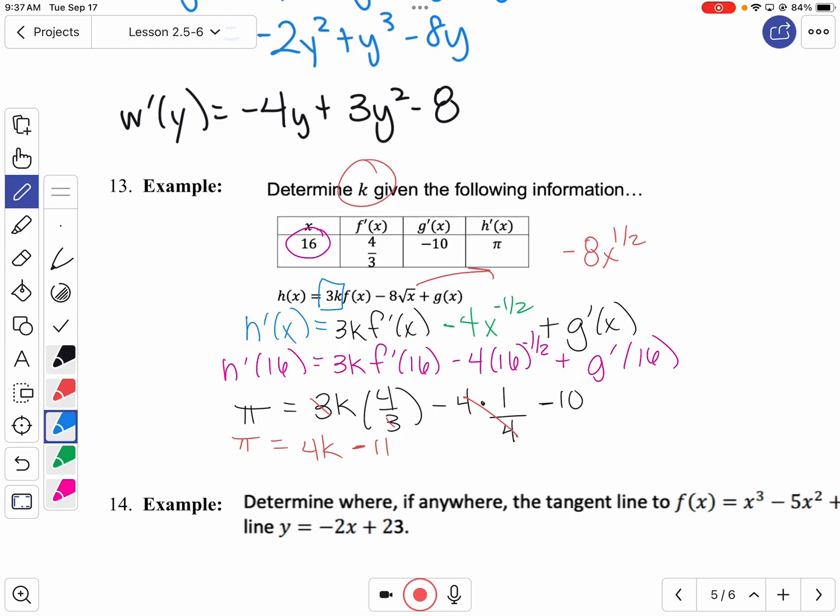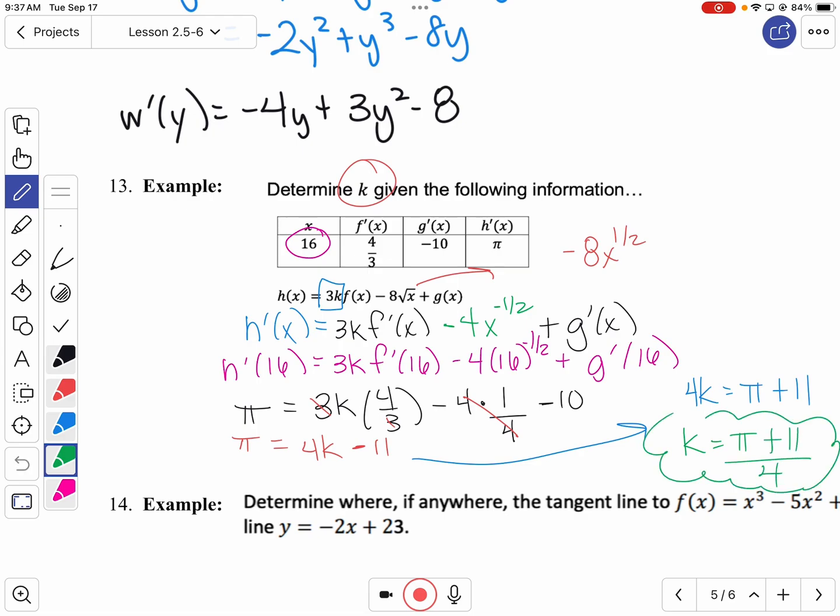Move the 11 over. 4k would equal pi plus 11, and then what would we do? We divide by 4. Now, this is an exact answer. I have no idea what that number is, but it's exact. Okay, pi plus 11 divided by 4.